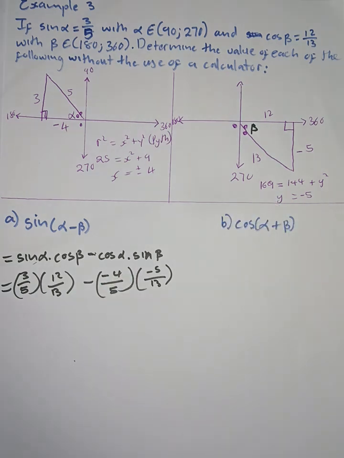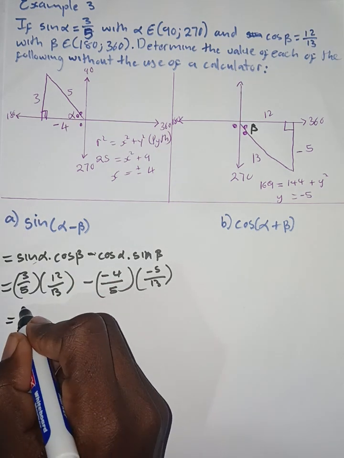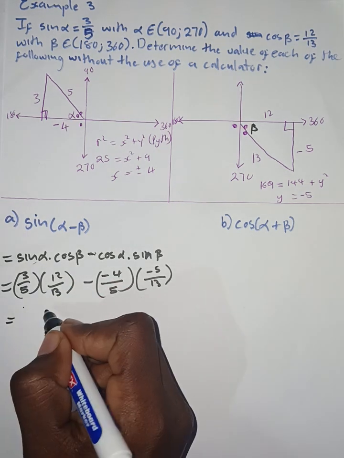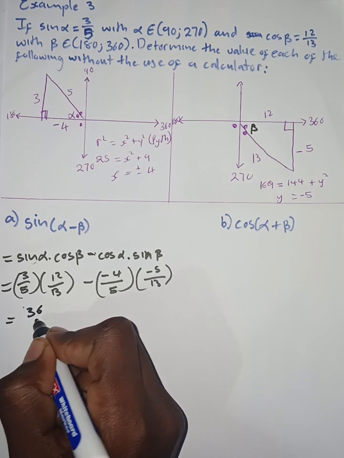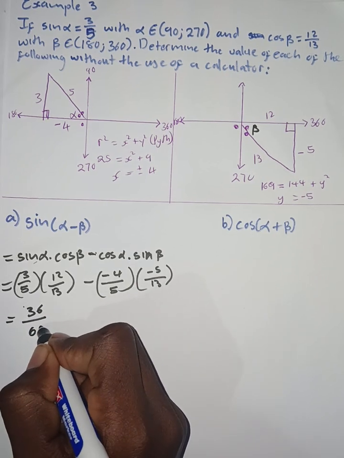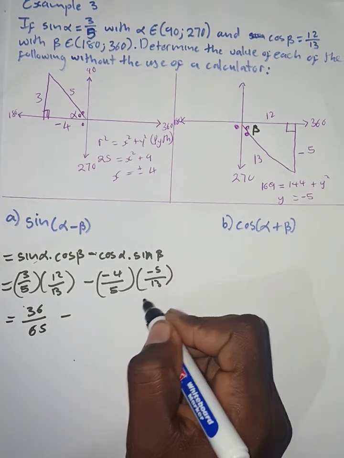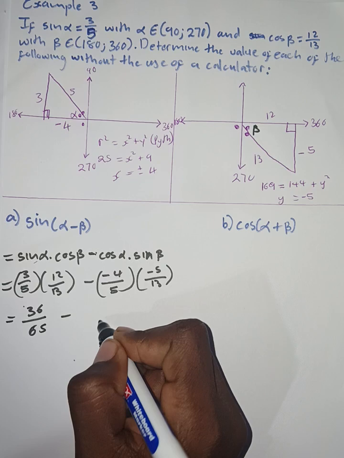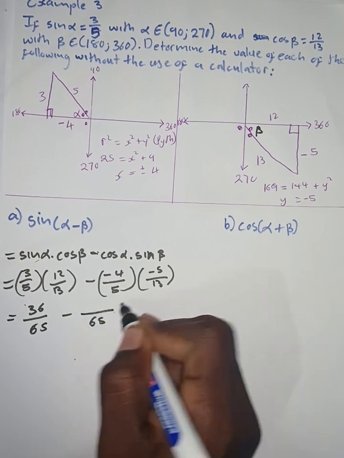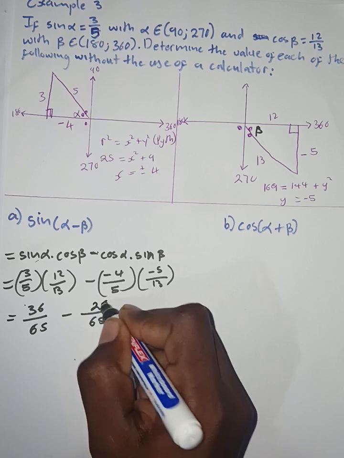So that's what you would get when you put those values there. So 3 times 12 is 36, so this would be 36 over 5 times 13, that would be 65. Minus, these two again would give us 5 multiplied by 13, which would also be 65, but the numerator in this case would give us 20.